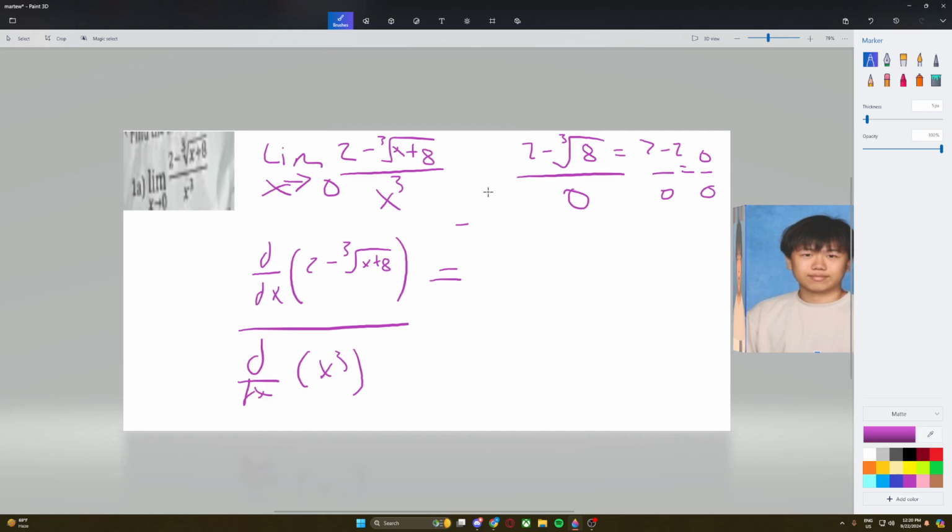So how you're gonna do that is get x plus 8 to the 1/3 derivative, so you do minus 1 and then 1/3 times 1/3. So it'd be like negative 1/3 times x plus 8 to the negative 2/3.